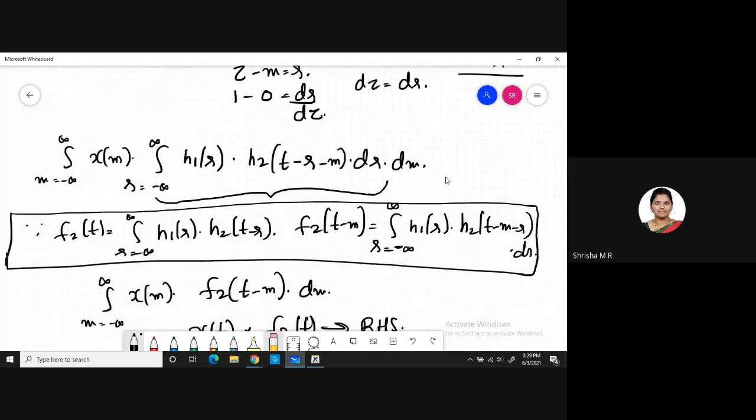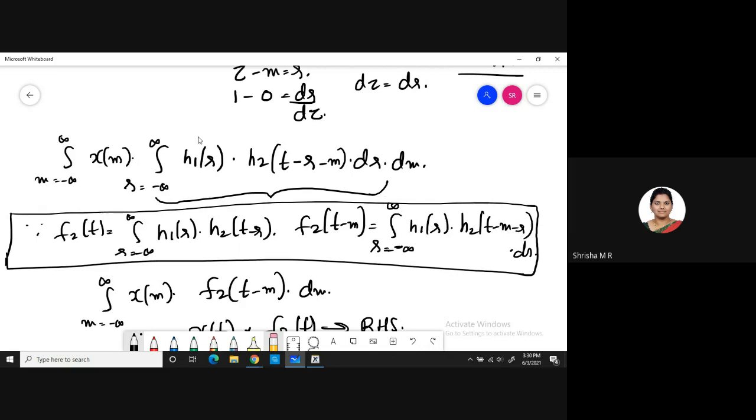Clear? We have seen what f2 of t is, right? Previously we have h1 of t convolved with h2 of t, which we can write as integral r equals minus infinity to infinity h1 of r into h2 of t minus r. If I replace t with t minus m, I'll get integral minus infinity to infinity h1 of r into h2 of t minus m minus r.